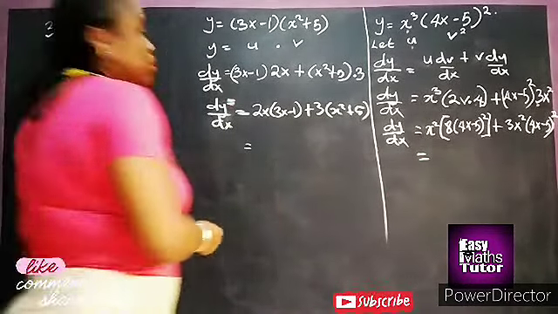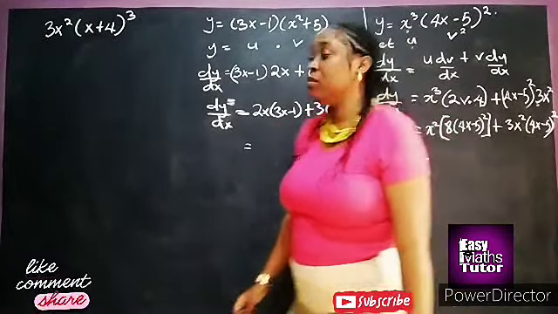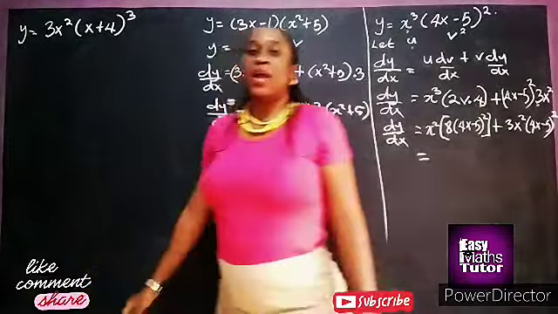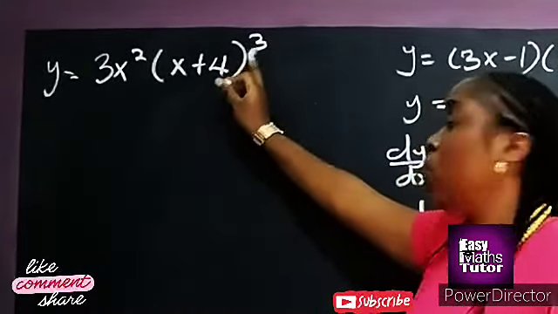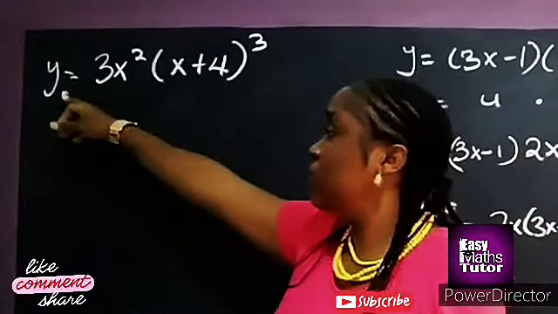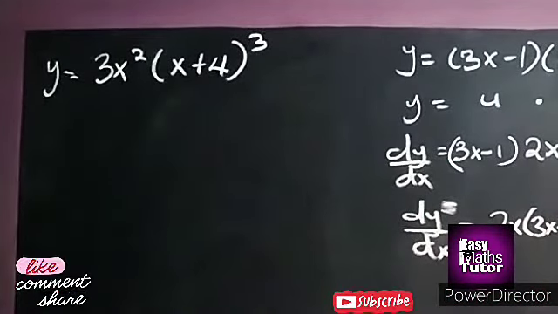So now, our final problem, which says if y is equal to 3x squared into bracket x plus 4 bracket cubed, what is the derivative or the dy/dx of this product function?